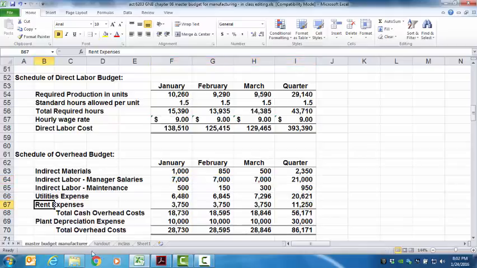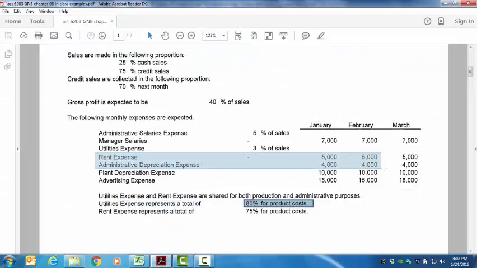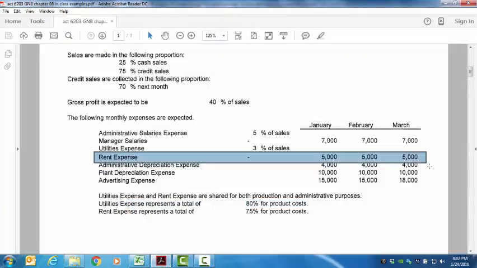Alright, so let's think about rent now. Over here on rent, it said that rent, well, it's a flat or a fixed $5,000 a month. And you would think your rent would be fixed, but it can change as well. You had to renegotiate your lease, the cost went up. You needed more space, the cost went up. You needed less space, the cost went down. You moved, the rent changed.